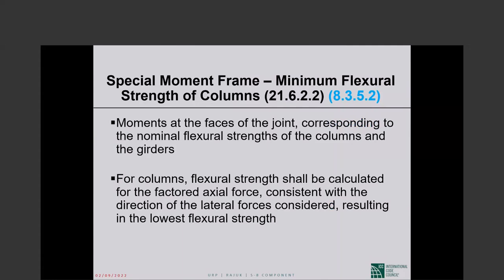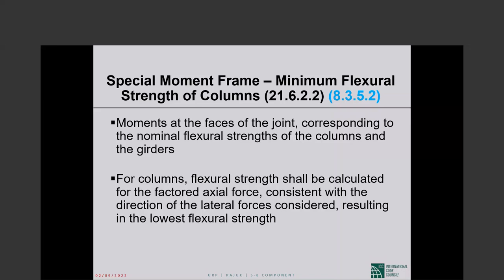Okay, this is important because there was a time when we used to do that check with design moment strengths, and it used to be at the center line of the joint. Yeah. So nominal moment strengths and at the faces of the members.